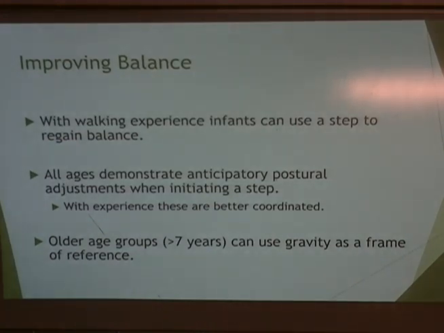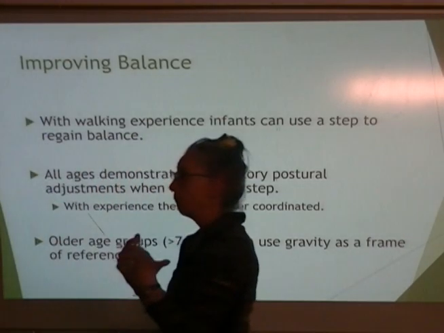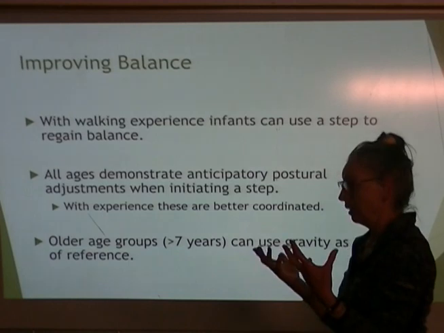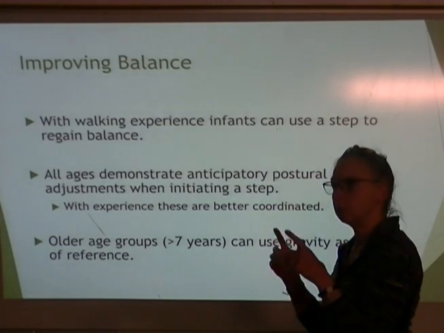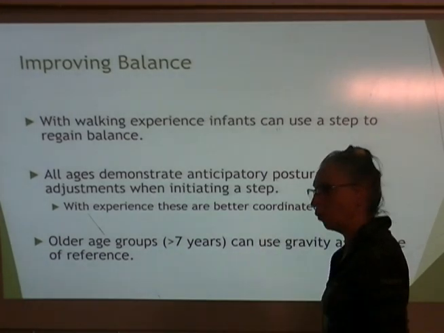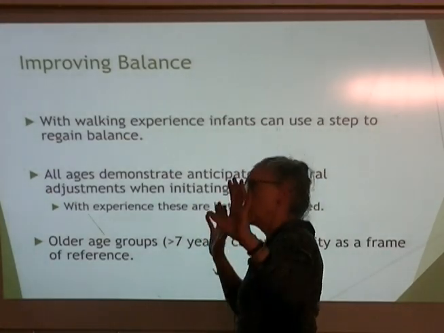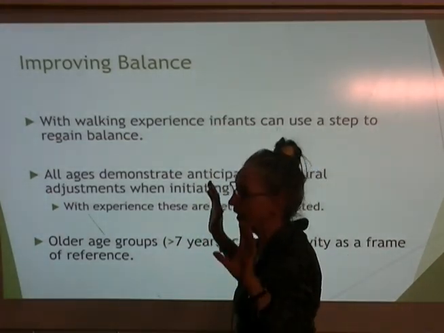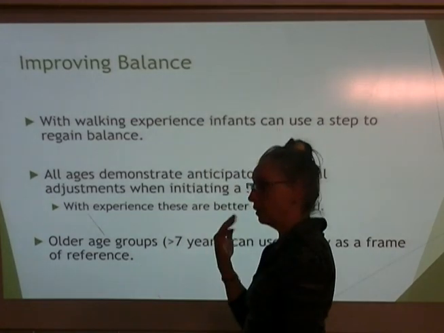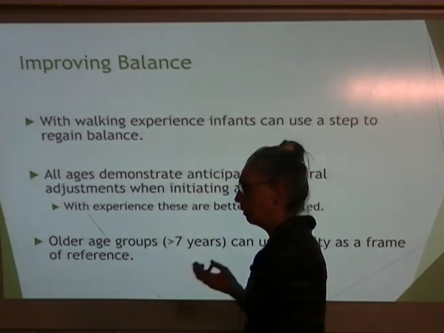So they topple forwards and backwards all the time. Less side to side, because initially when they start walking, they've got that wide foot placement. So side to side, they're relatively stable, but forwards and backwards, very unstable, all right?